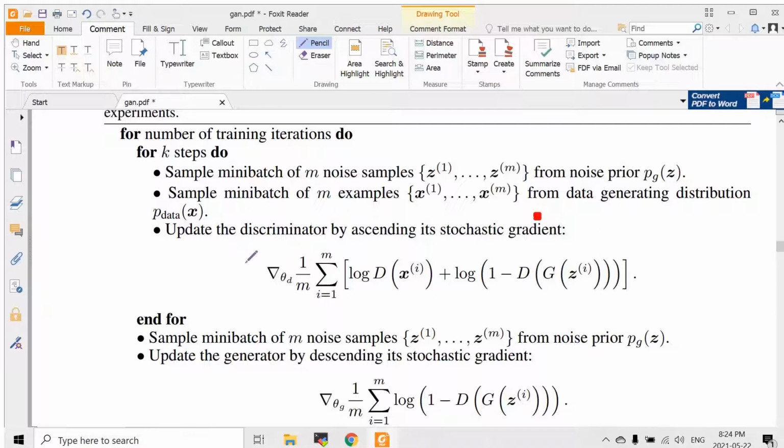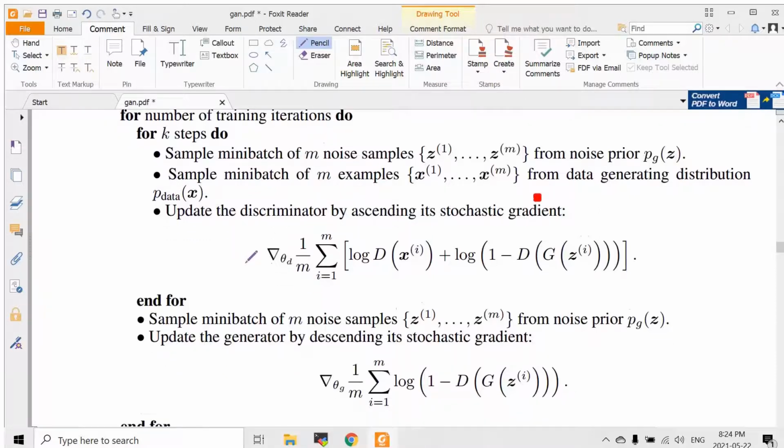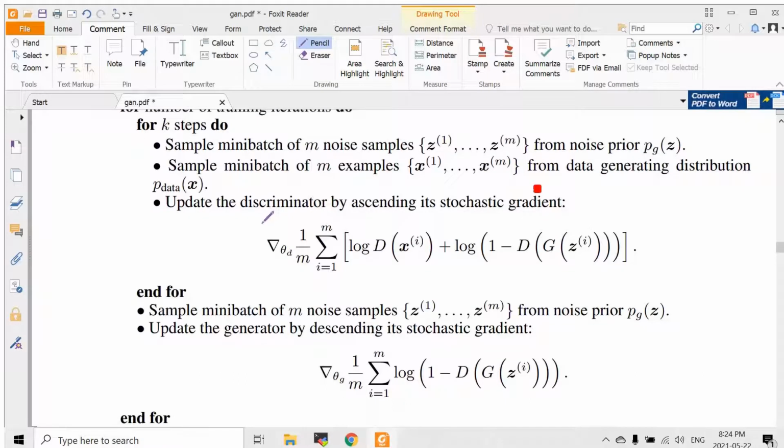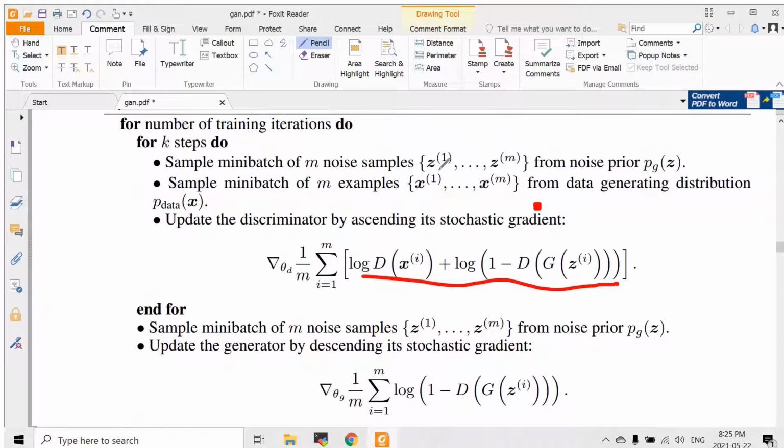Update the discriminator by ascending its stochastic gradient. As we discussed in the value function, you are going to ascend the stochastic gradient for the discriminator because you're trying to maximize that value. You're taking m examples and taking the expectation here, basically the summation.